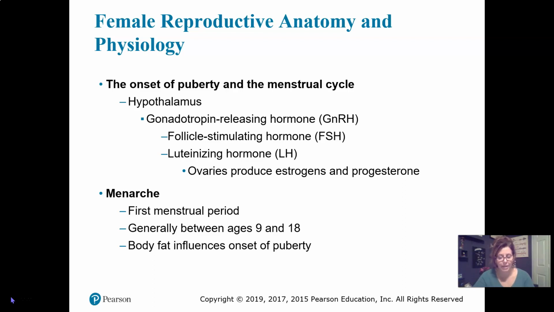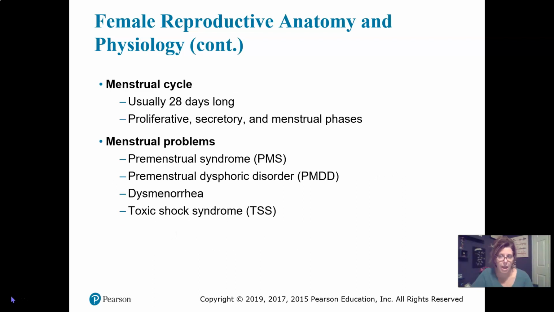The normal age range for the first onset of the menstrual period, termed menarche, is 10 to 18, 9 to 18, somewhere around there, with the average being 12 to 13 years old. The average menstrual cycle lasts 28 days and consists of 3 phases: the proliferative, secretory, and menstrual phases.